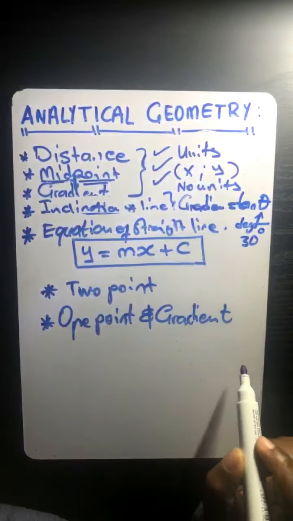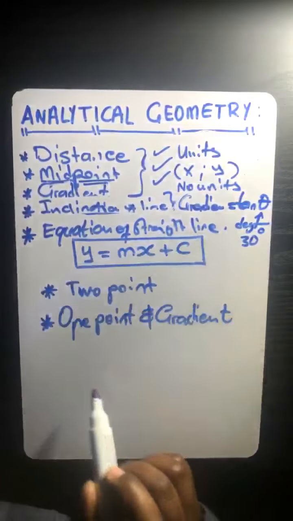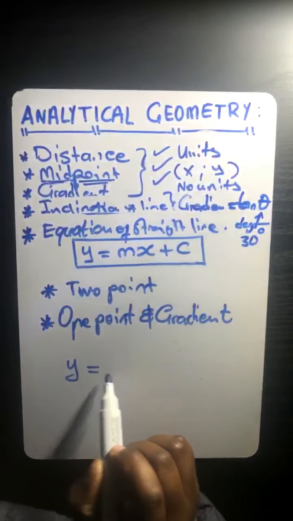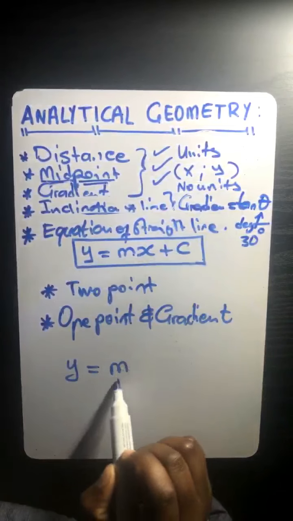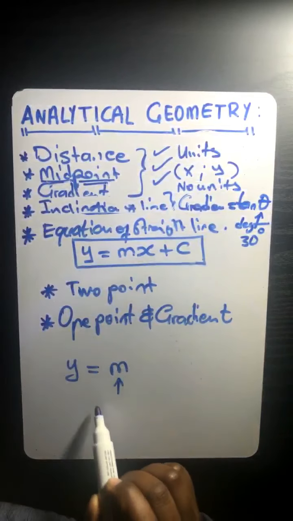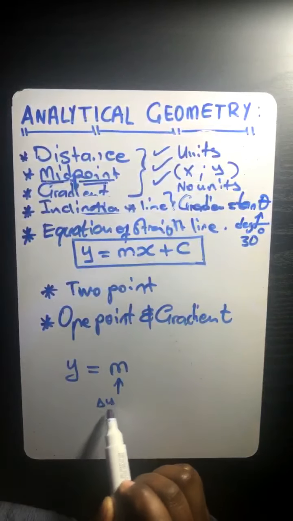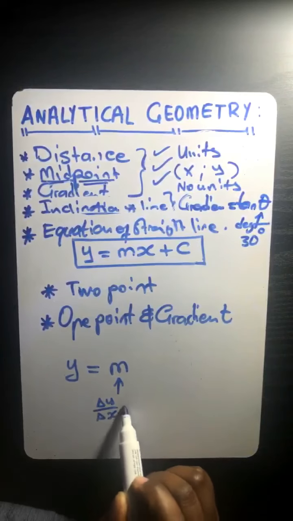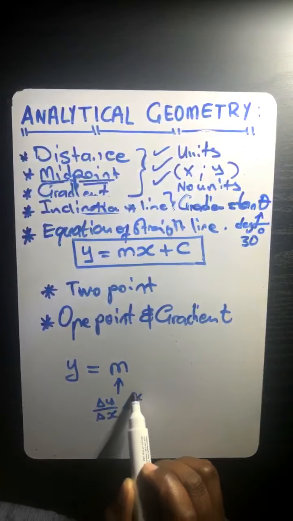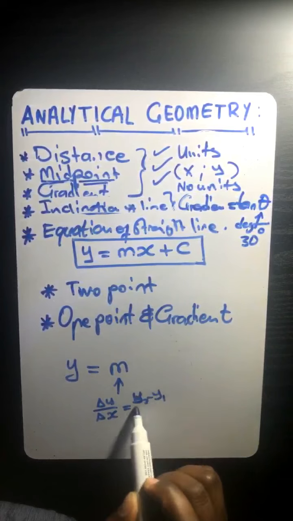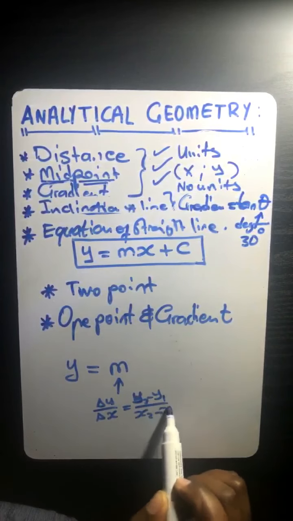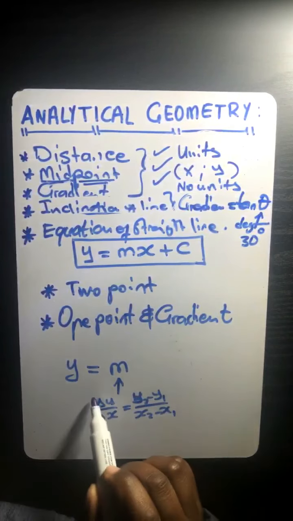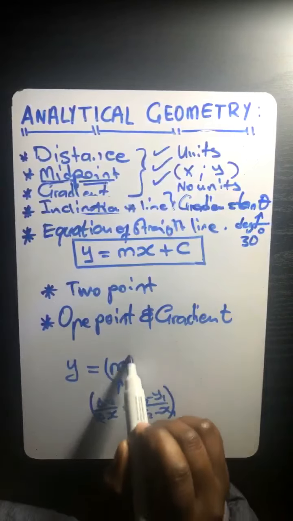So remember, on a straight line formula, we have y equals m x plus c. M represents the gradient. What is the gradient? The gradient is delta y over delta x. In short, it is y2 minus y1 over x2 minus x1. So this is the gradient in that formula.